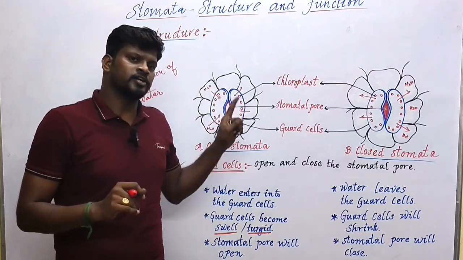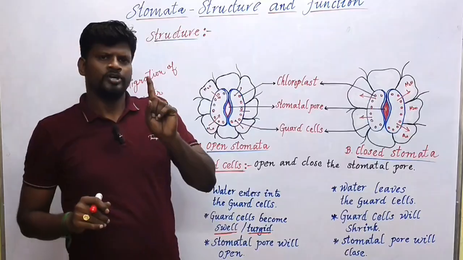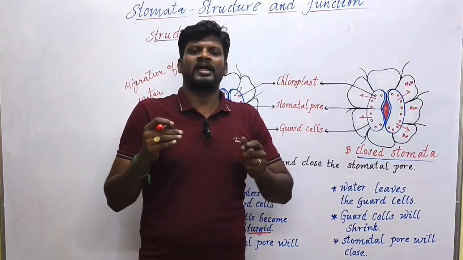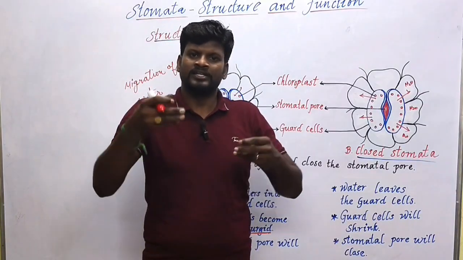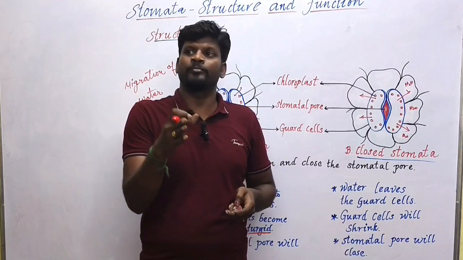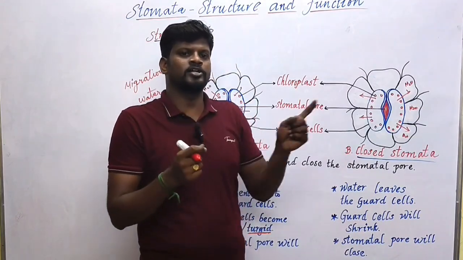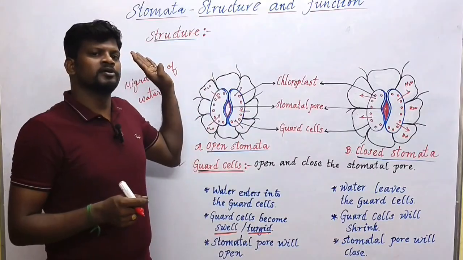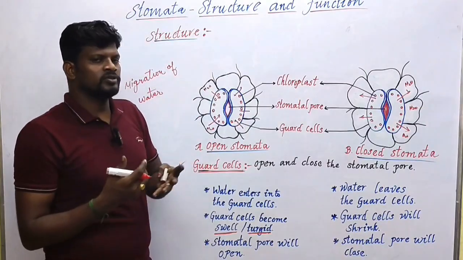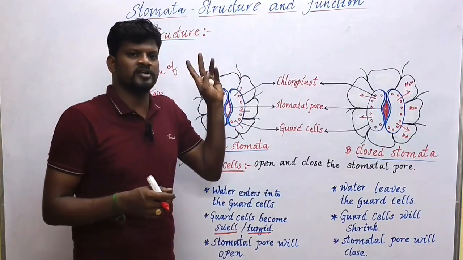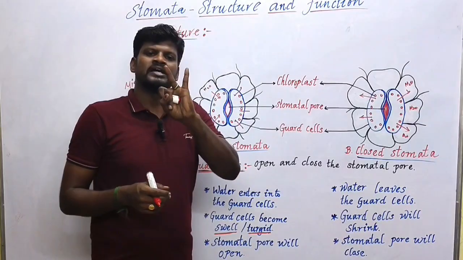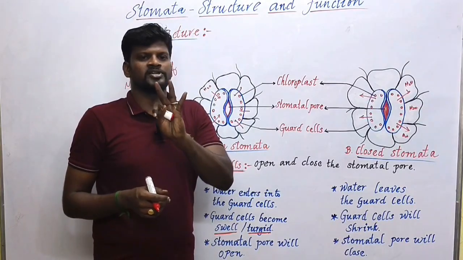So it is mandatory to open the stomatal pore. During transpiration, the plant has to transpire the excess water in the form of water vapor into the atmosphere. So it is mandatory to open the stomatal pore. So you can conclude that the plant opens the stomatal pore during photosynthesis, respiration, and transpiration.